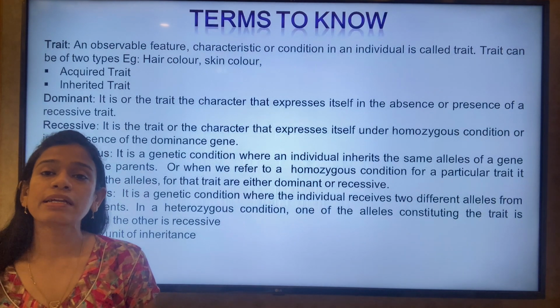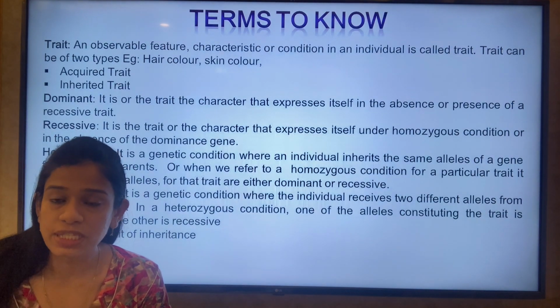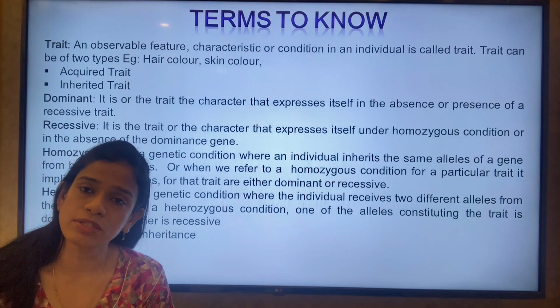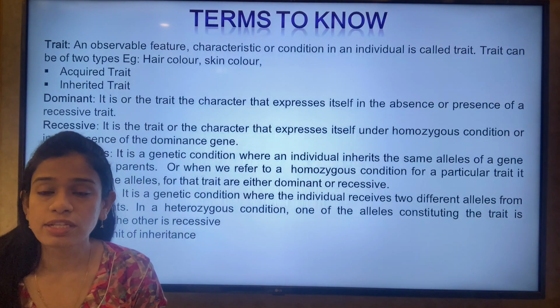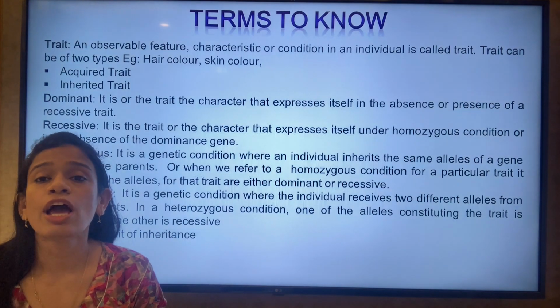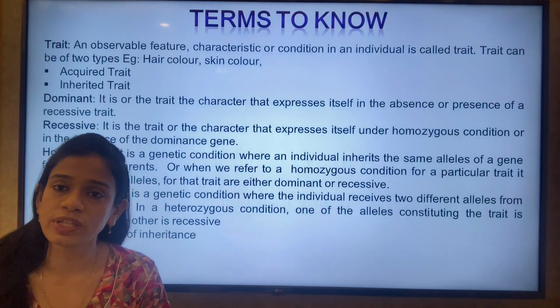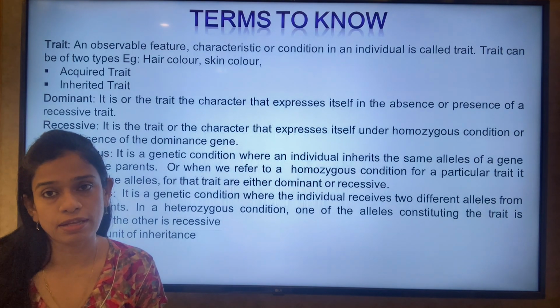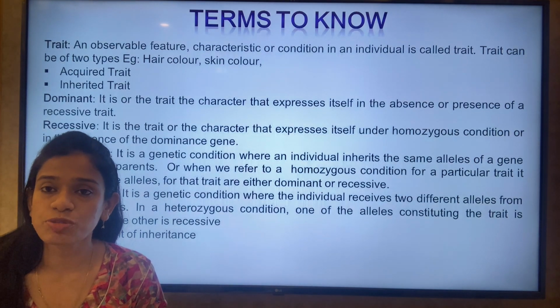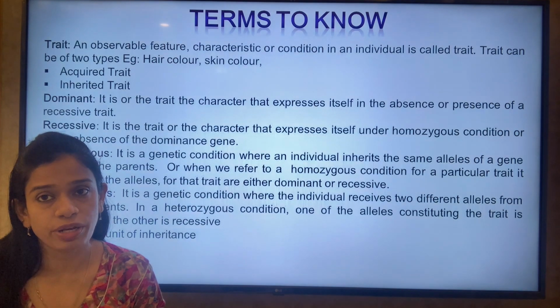We can understand from the word that it always dominates over the others. Dominance means it will always express itself. So the trait that gets expressed is known as the dominant trait.